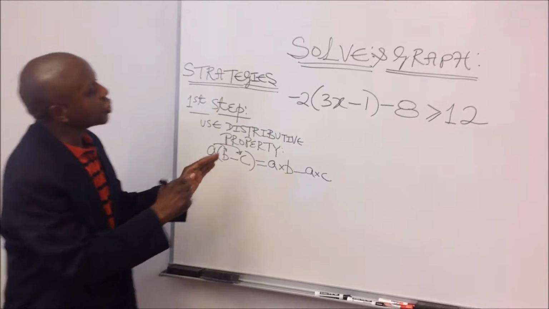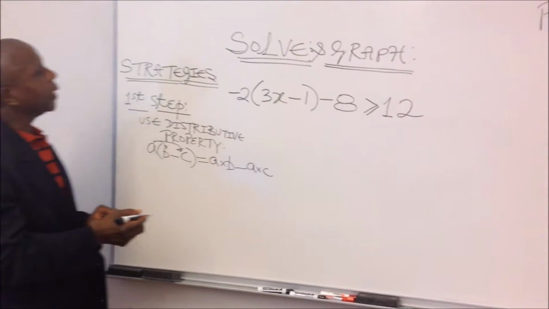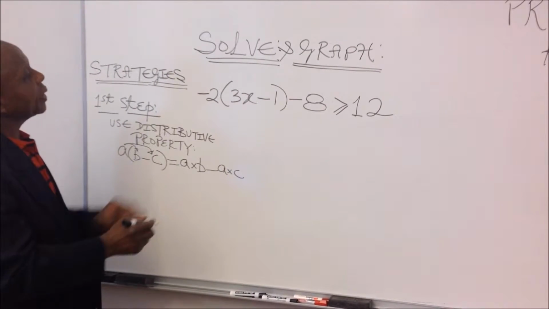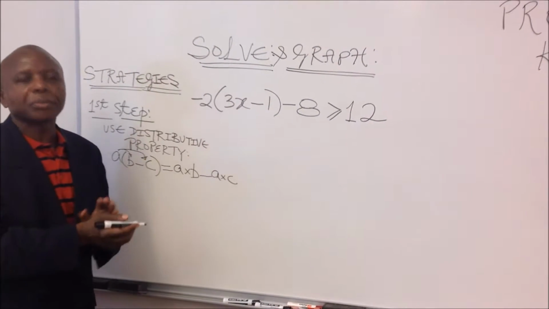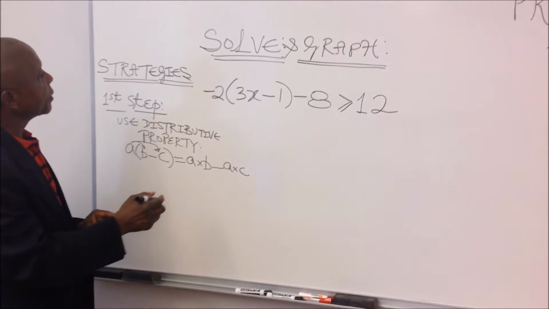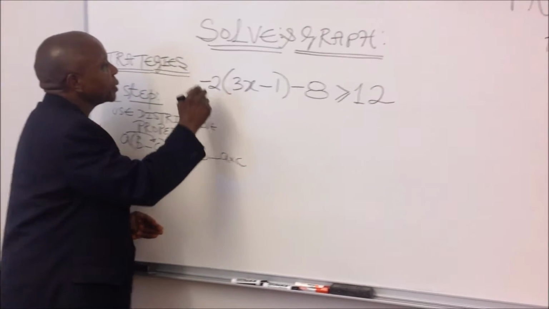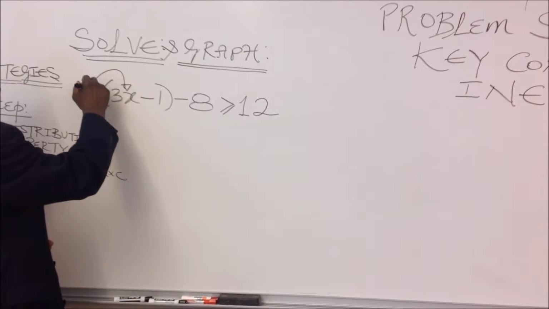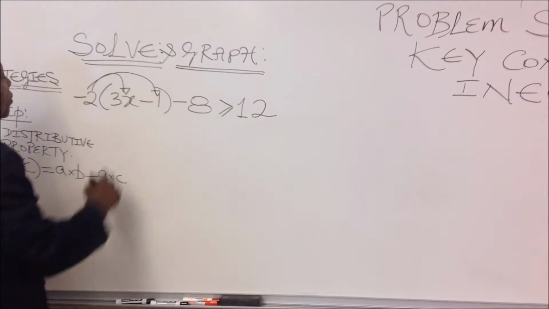So we are going to use this property in solving this linear algebraic inequality problem. First step, use the distributive property. So that means we're going to multiply negative 2 by 3x, and then negative 2 by negative 1.